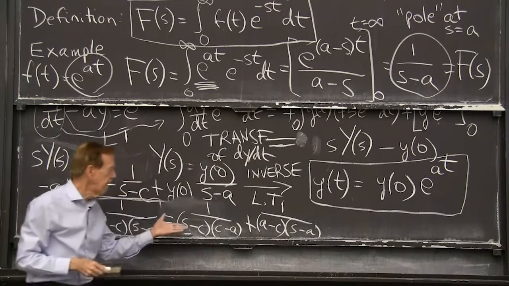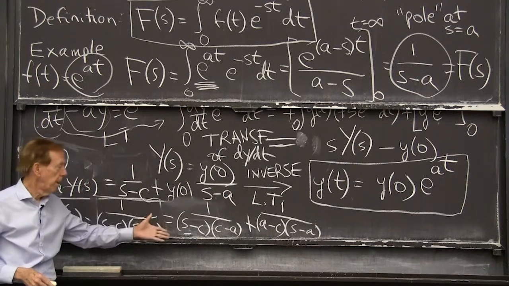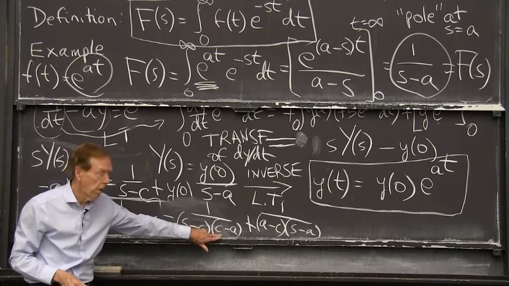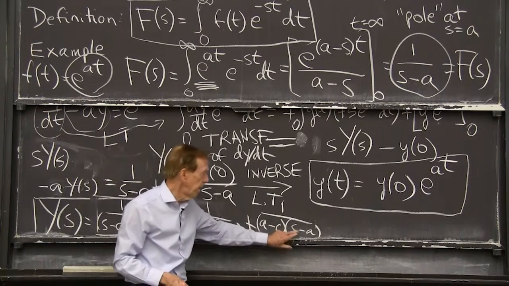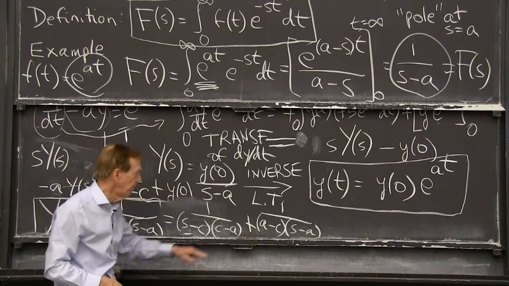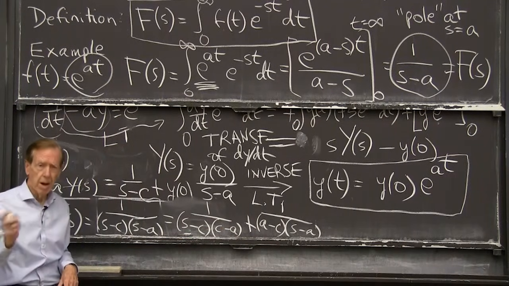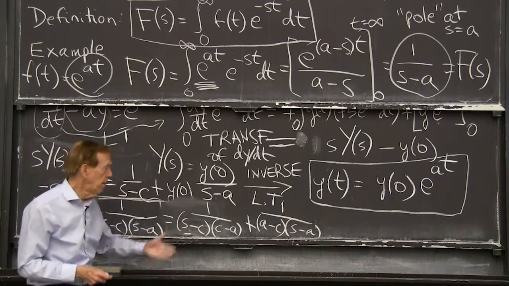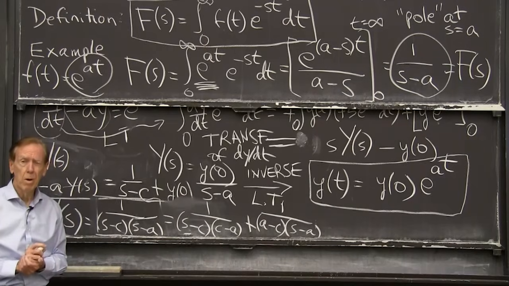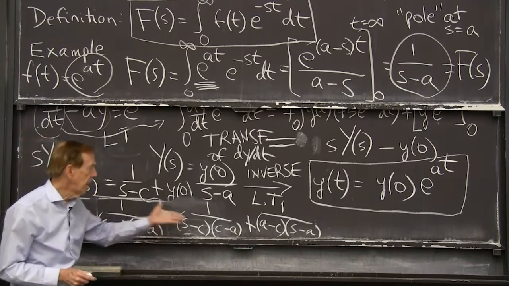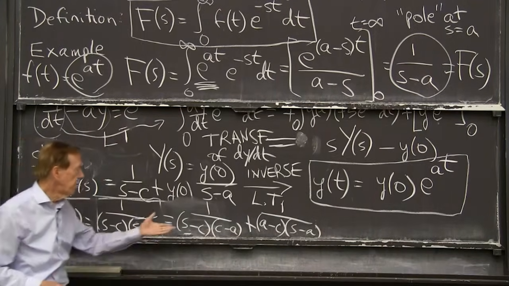Do you see that that has only one pole at s equals c? This is just a number. This has one pole at s equal a. That's just a number. In fact, those numbers are the opposite. So now, are we golden? I can take the inverse transform with just one pole.